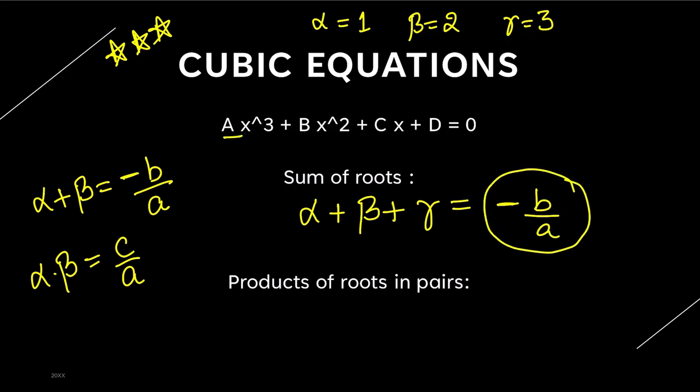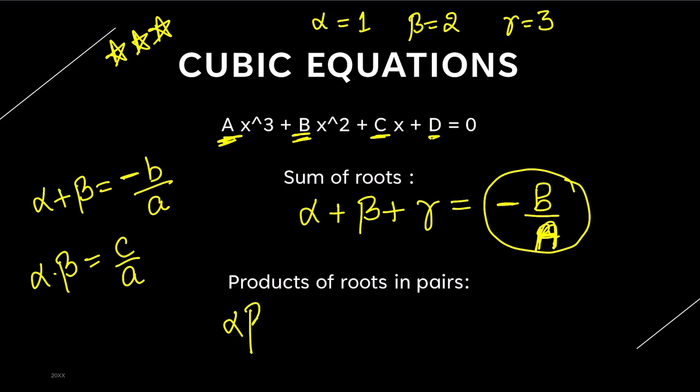I hope this is clear. Means the coefficient of x square by the coefficient of x cube, and that will be minus b by a, right?